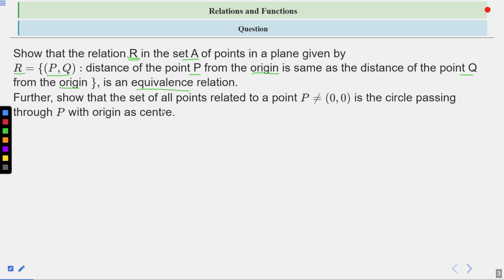Further, we have to show that the set of all points related to P, where P is any point but not (0, 0), is the circle passing through P with origin as center. I hope the question is clear to you.